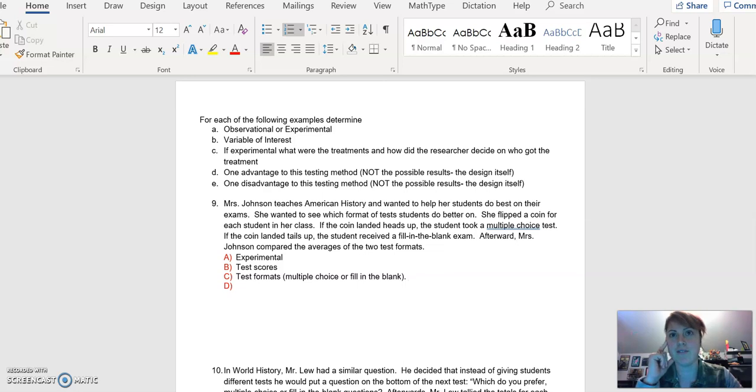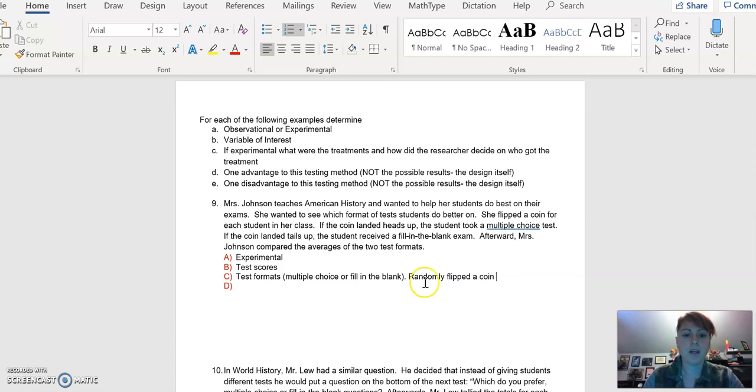If she gave all the kids she liked multiple choice and then all the kids that she didn't like fill in the blank, well, that's bias. It's not a random sample of who got what. So how did she decide who got them? Randomly, she flipped a coin. As we've learned from probability, it's random. You can't force a coin to land one way or the other. Some of you might be goofy pants and claim that you have a way to do that, but it's random.